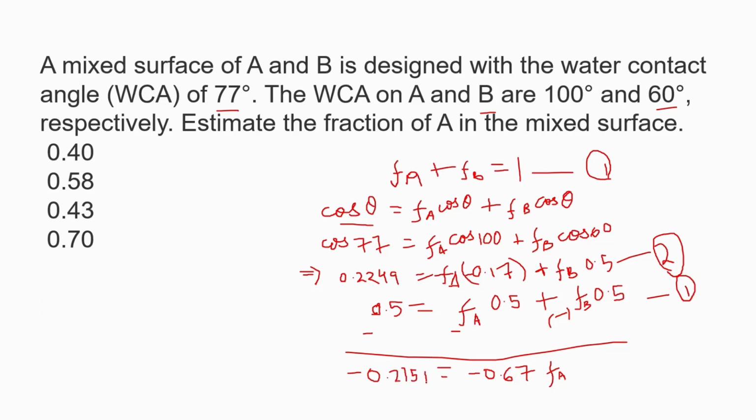So we can get the value of FA, which is 0.2751 divided by 0.67, so it will be 0.41.